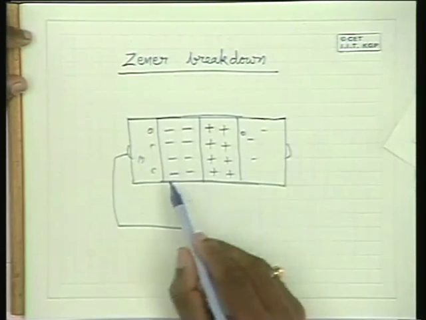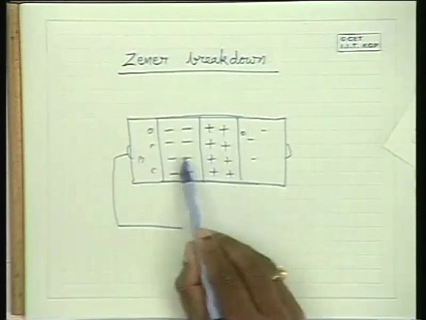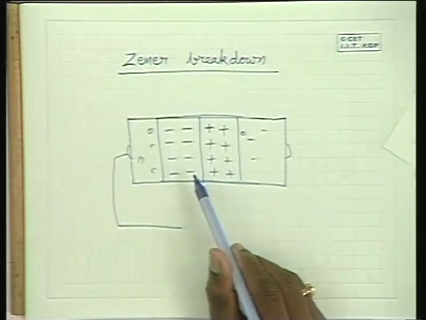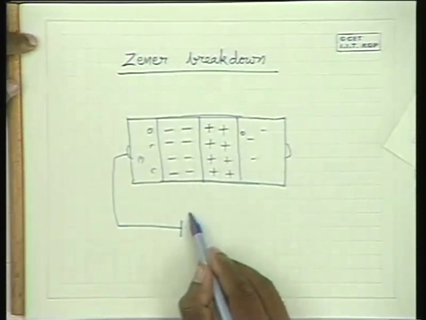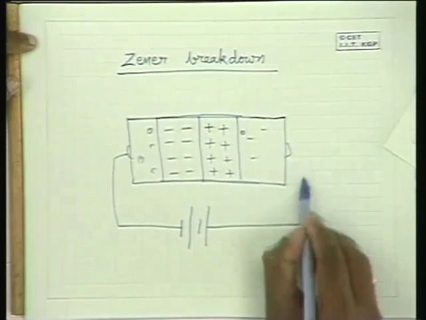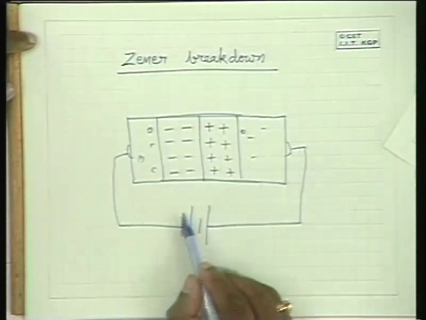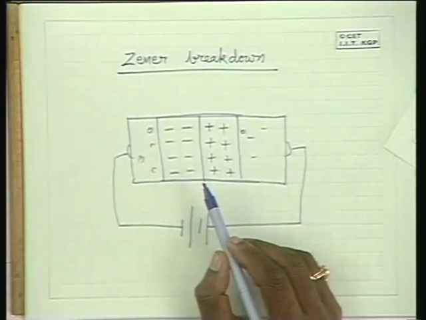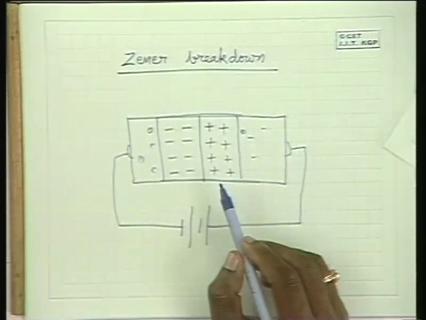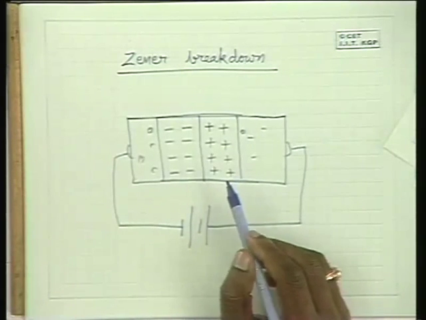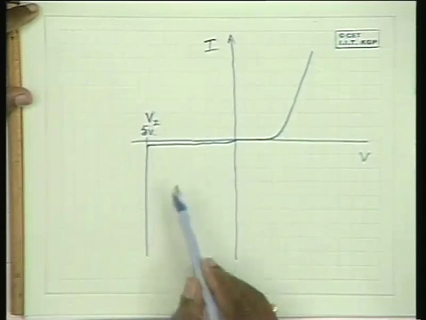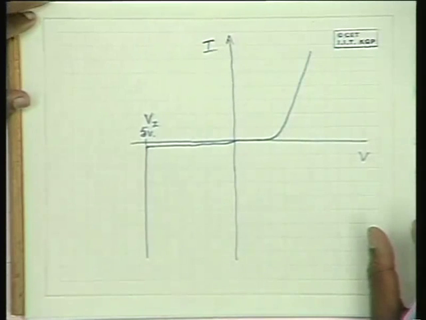Please note that the junction voltage is not only due to the diffusion of the charged particles, it is also due to the reverse potential that is applied across it. Because of this, the covalent bonds are broken and a huge number of electron-hole pairs occur, and these electron-hole pairs contribute to a huge current, and as a result you have Zener breakdown taking place, and the characteristics would be something like this.